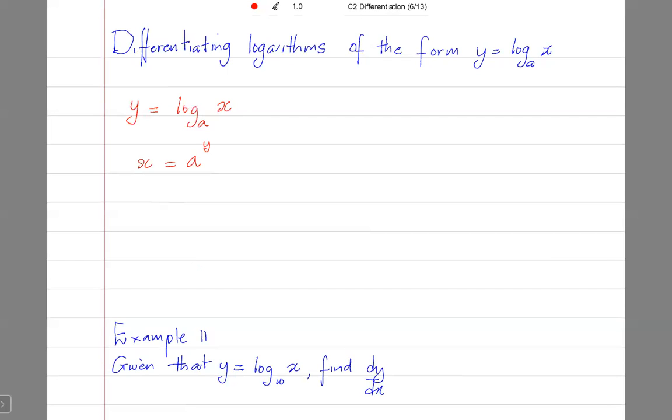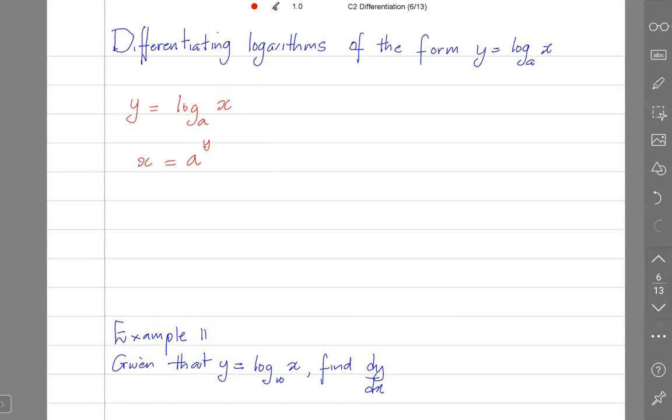All I did was move from log form to index form. In logarithm form, a is the base, x is the number, and y is the power. So moving from log to index form, the number is equal to the base a raised to the power y.